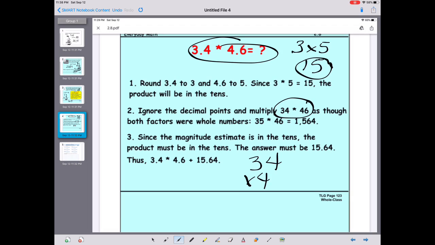I still like to put my decimals in there so I can see them. 6 times 4 is 24. 6 times 3 is 18, 19, 20. Start the next row with the 0, because it's the tens. I did this one. 4 times 4 is 16. 4 times 3 is 12, 13. Add this part.